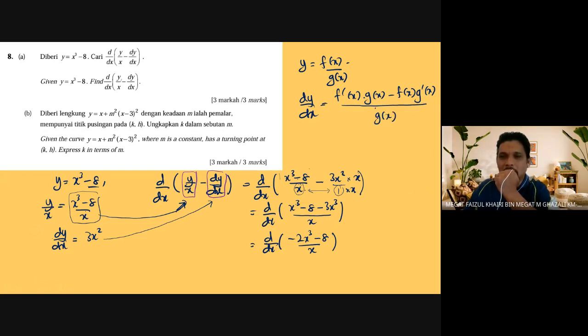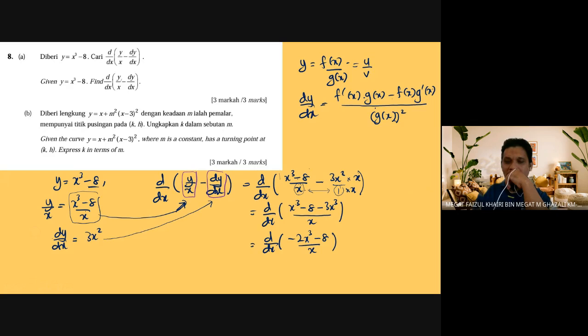When we have y equals f(x) divided by g(x), then dy/dx equals f prime x times g(x) minus f(x) g prime x, divided by g(x) squared. That is u prime v minus u v prime over v squared.